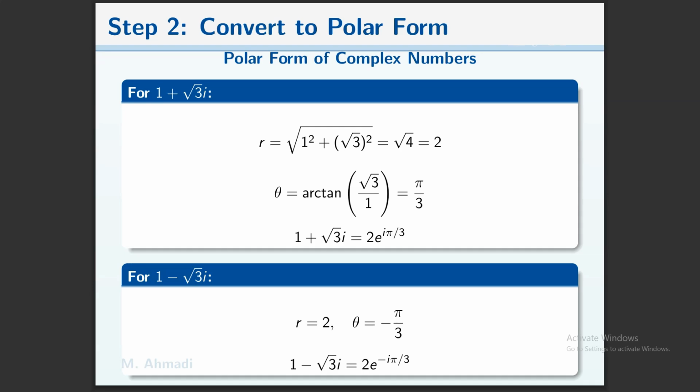So 1 plus the square root of 3i equals 2 e to the i pi over 3. And also for 1 minus the square root of 3i, r equals 2 and theta equals minus pi over 3. So we can write 1 minus the square root of 3i equals 2 times e to the minus i pi over 3.